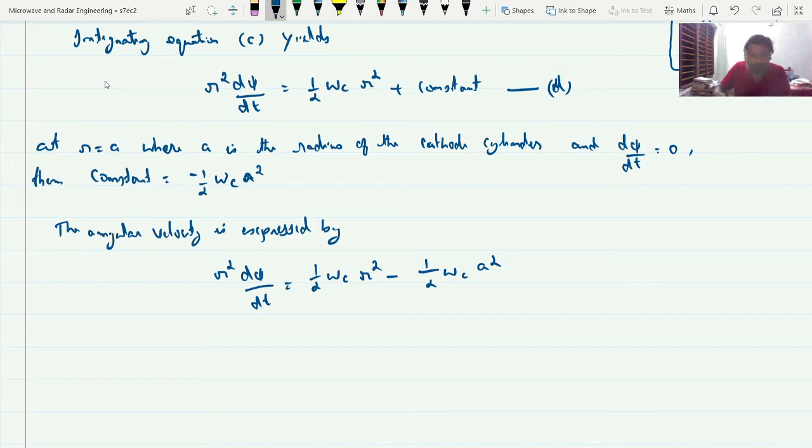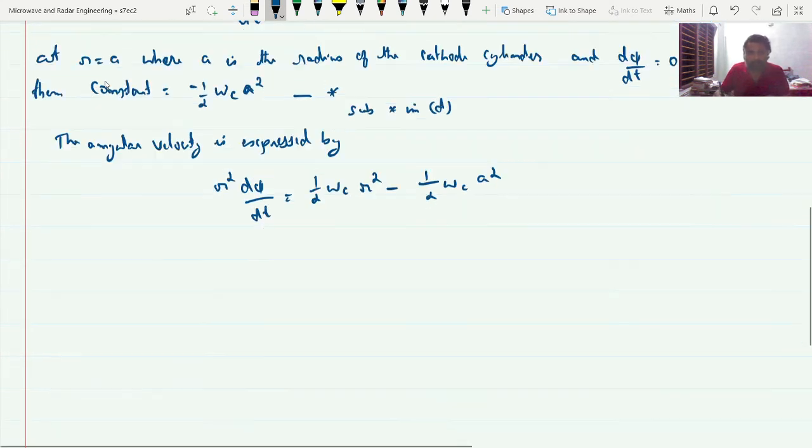I will substitute the constant in D. So the angular velocity is expressed by r square d phi by dt equal to 1 by 2 omega c r square minus 1 by 2 omega c a square. I think it's clear for you.